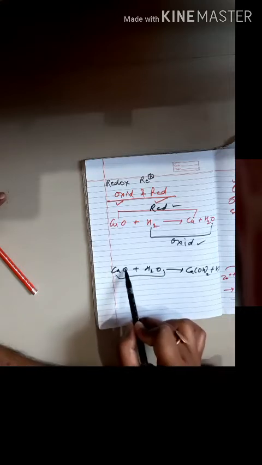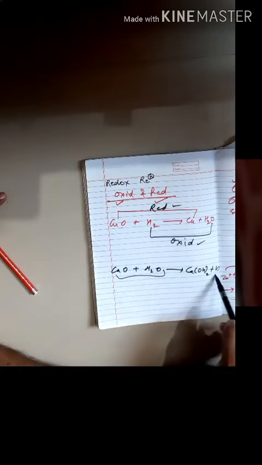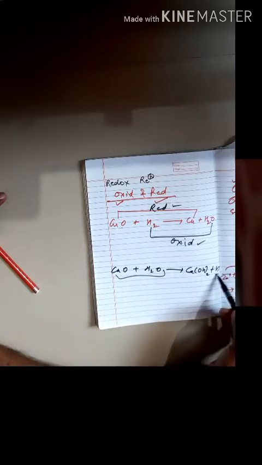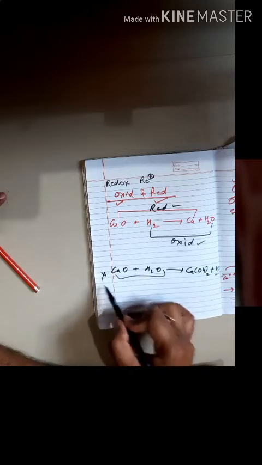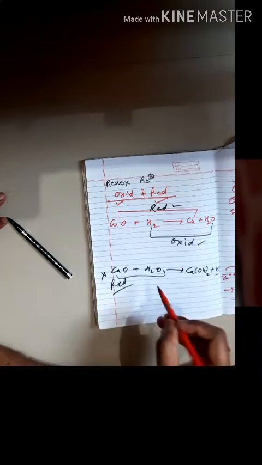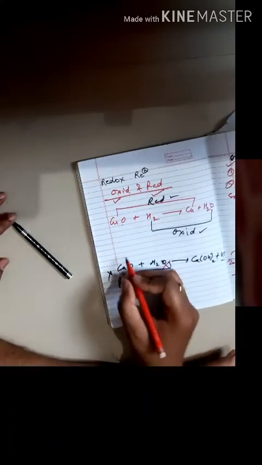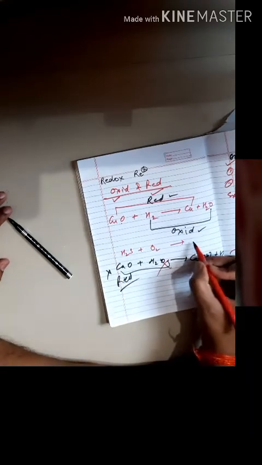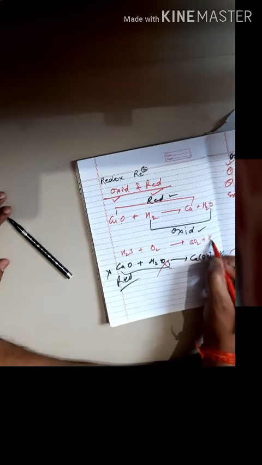You see here CaO is converted and heat is evolved, so this is exothermic. This is not a redox reaction, so cancel it. You take an example H2S plus oxygen gives rise to SO2 plus H2.